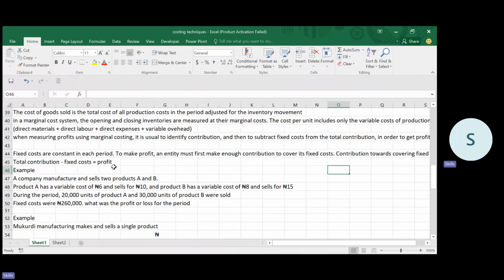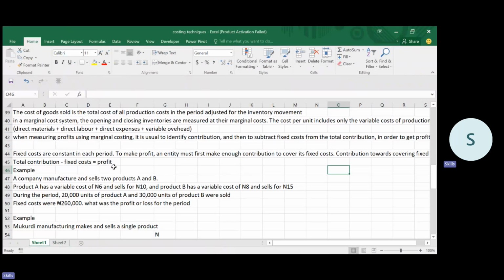During the period, 20,000 units of product A and 30,000 units of product B were sold.